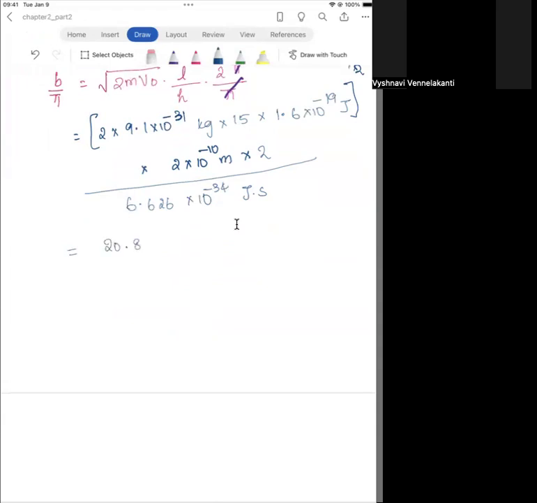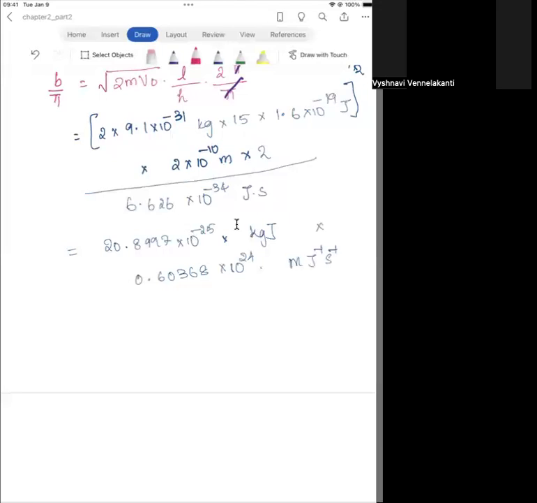Let me actually do that. Let me also show you how the units make sense. Sorry, my bad.